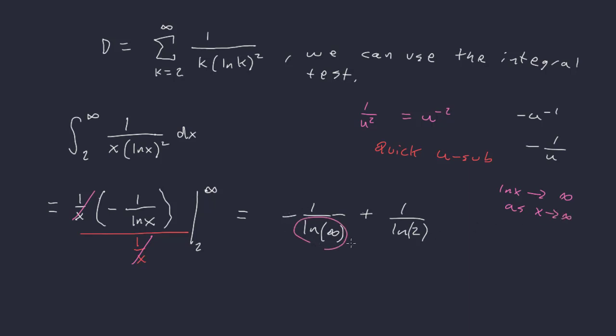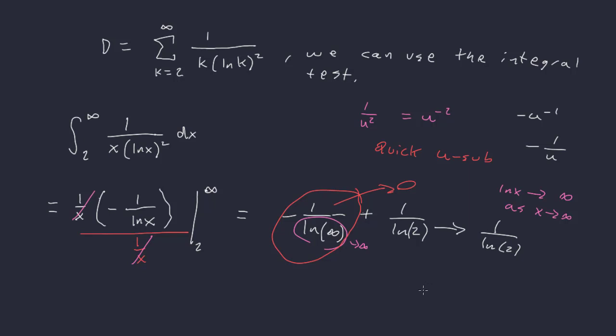So this denominator is going to infinity, but we have a constant over that infinity, so this whole thing goes to 0. All right? So this whole thing goes to 1 over the natural log of 2.